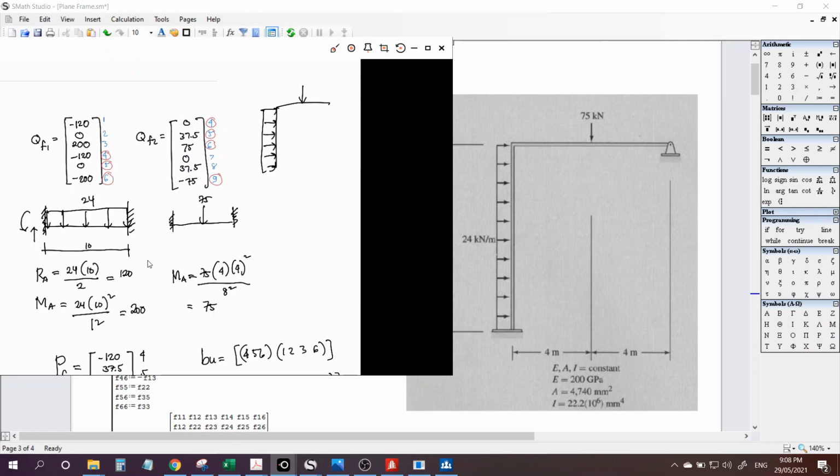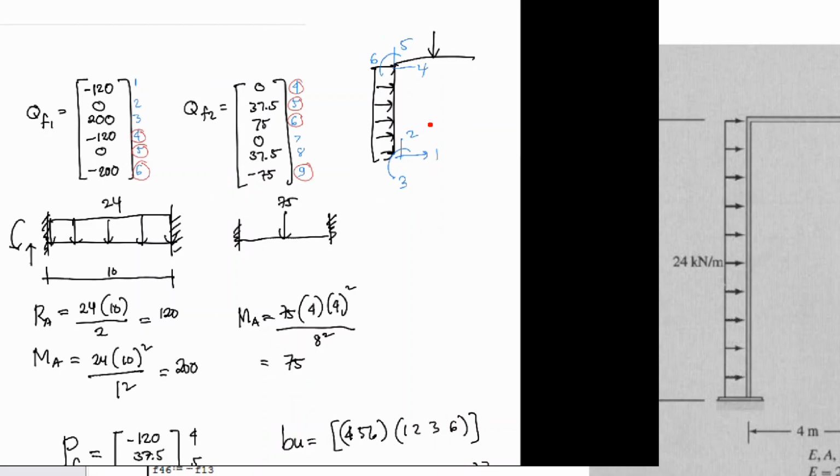So QF1 is, I'll redraw again the numbering. So this is 1 2 3 4 5 6. So this is 120. Relative to our drawing, where is 120 acting?